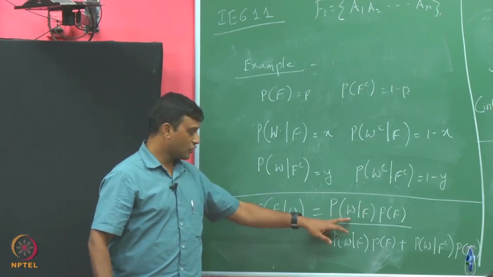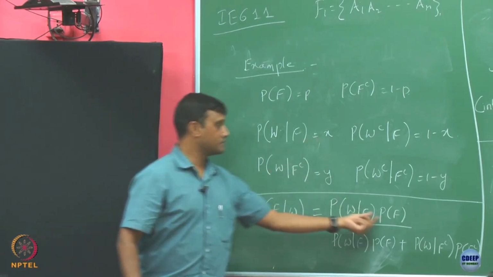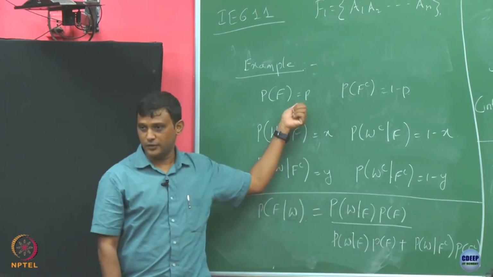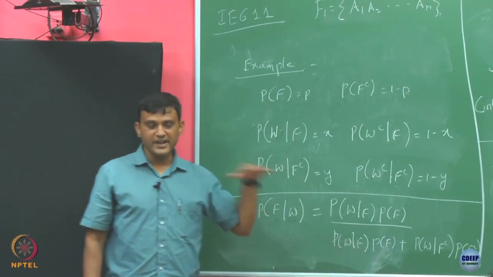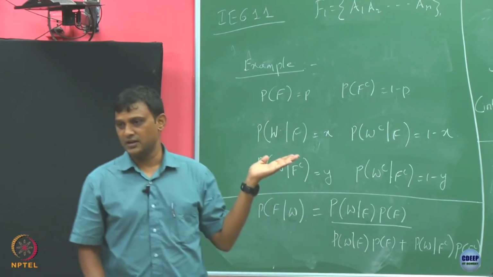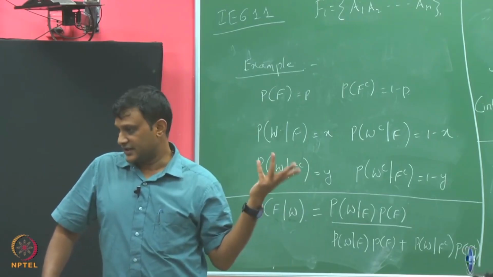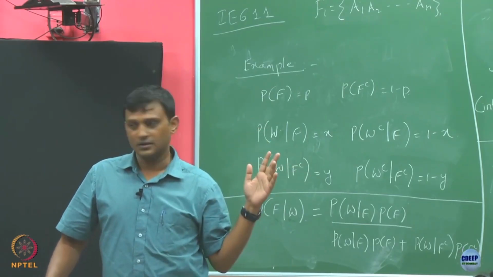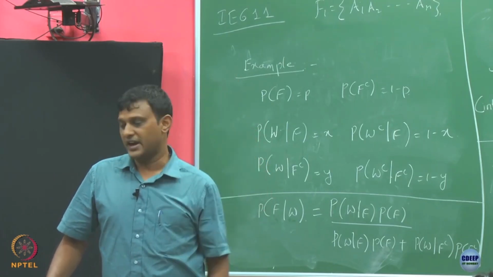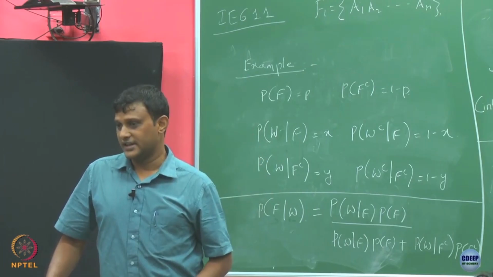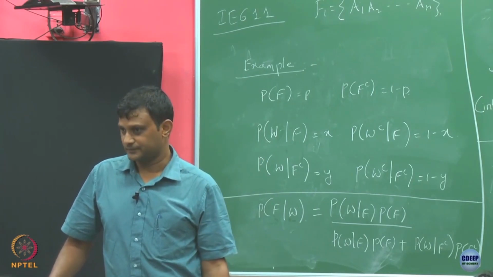Do you know P of W given F? Yes. You know P of F? Yes, I have already computed that. So based on my prior probability I can compute the probability that my mission succeeded in spite of a failure in my critical component.